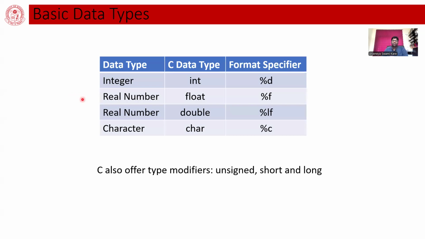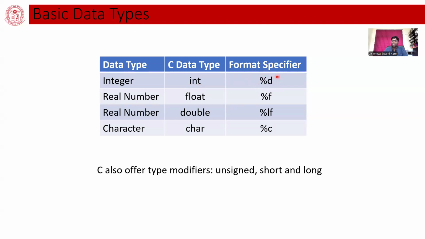Next, when we talk about variables, in the real world we have integer numbers, real numbers, and character strings. So what are the corresponding data types to create variables of these kinds of data? If you have an integer variable, we have a data type called int. The keyword is int, and then the format specifier.